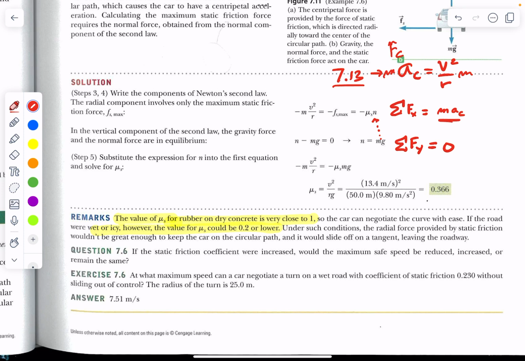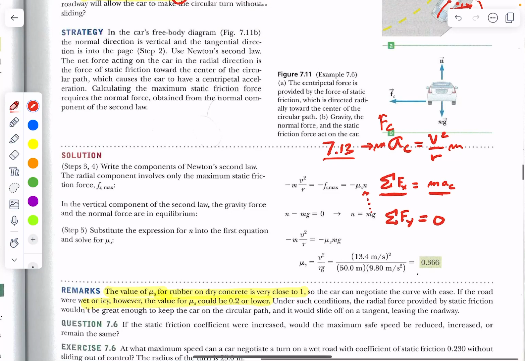In other words, the summation of my forces in the x direction. This is the x direction this way, and this is the y direction. The summation of the forces in the x direction is this force of friction, which is the centripetal force.